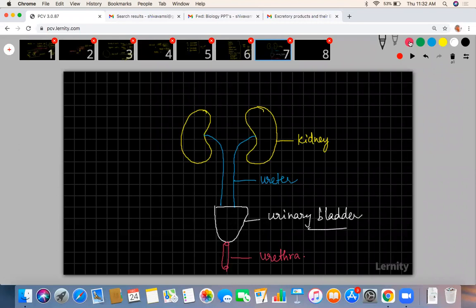So you have something which is coming here inside. What is that something which is coming inside? This is your renal artery. Renal artery will carry oxygenated blood with the water, urea.